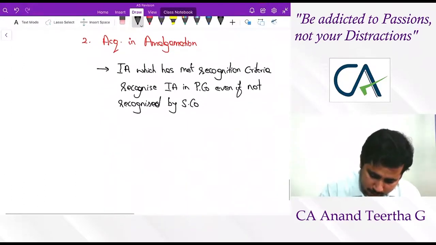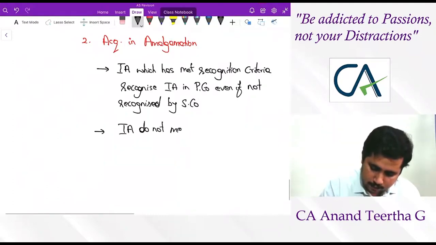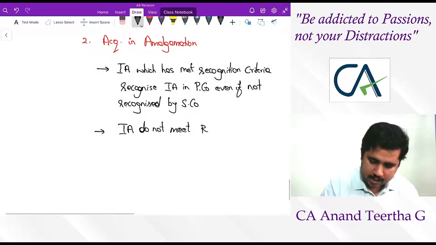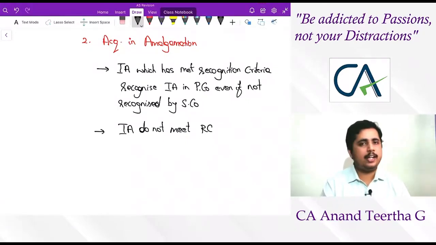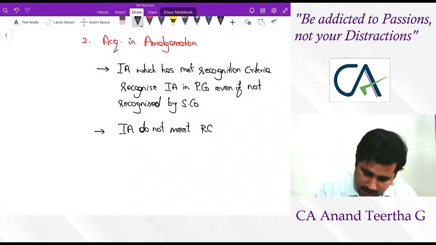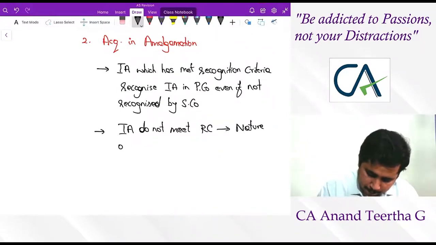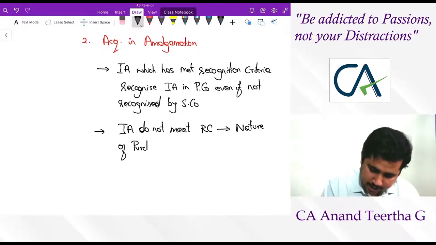Now, second one: if the IA does not meet the recognition criteria, I will write RC, then if it is in the nature of purchase, include it in goodwill itself.